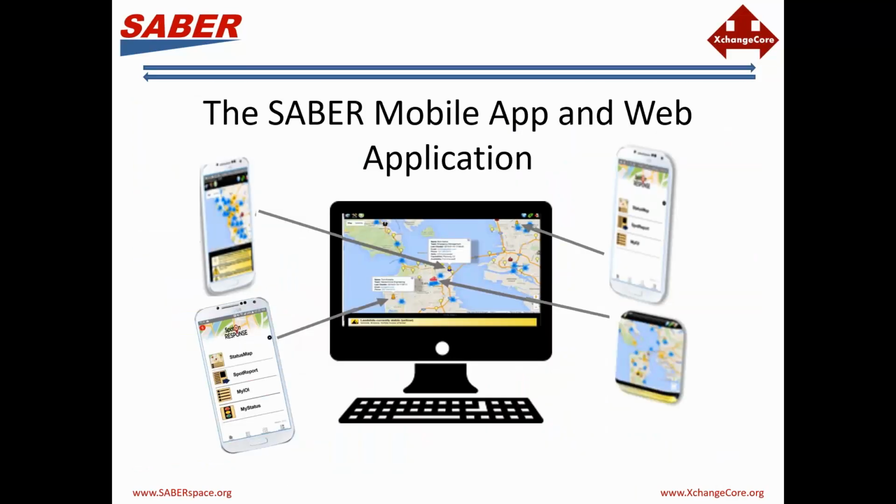That combination of a mobile app and web application allows us to have many stores reporting back to a command center, individual government agencies reporting back to an emergency operations center, stores reporting into a business emergency operations center, and then all that gets bundled together and passed out as the SABER business status.